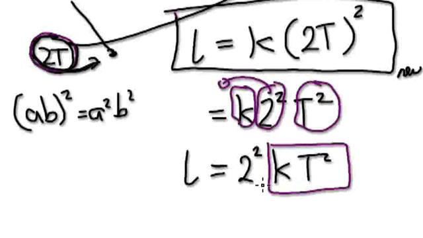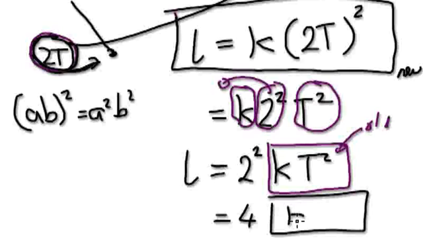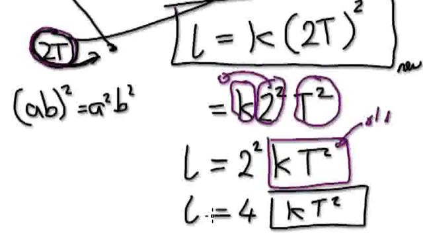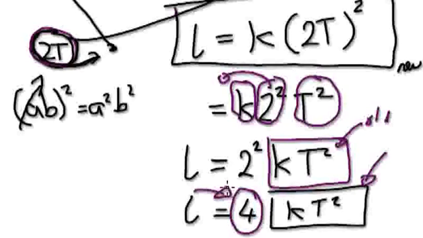So our new length is 2 squared of the old length, which is 4 times the old length, the old length being this k t squared. If you were to double the period, then the new length will be 4 times the old length. So this is your answer here.